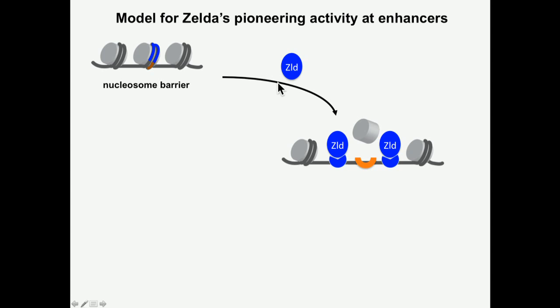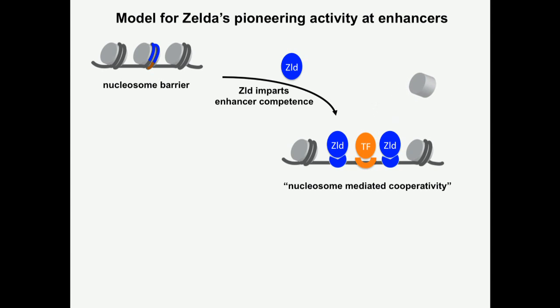Zelda comes in, and it will actually displace or eject, we don't know this yet, nucleosomes, and then therefore imparting enhancer competence. Then when you have other transcription factors, they can come in, and together now with Zelda, via nucleosome-mediated cooperativity, kick out and eject nucleosomes and then enhancer activity will follow.